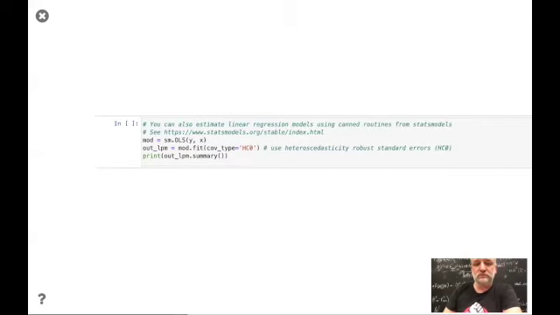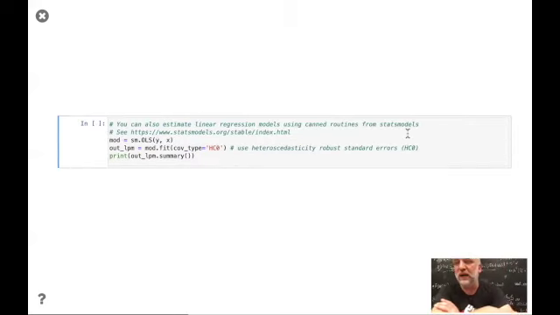But you can, of course, in Python, there's other people who have coded up the linear regression model. So you can find lots of canned routines.